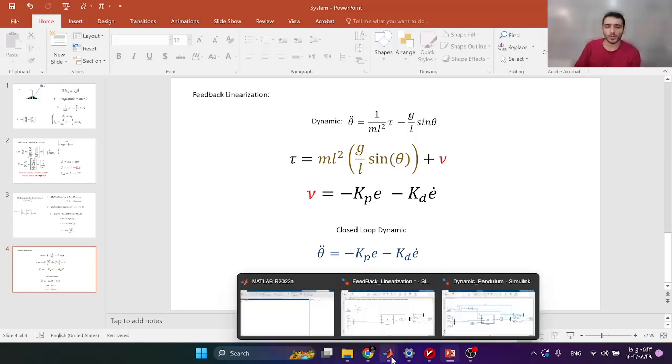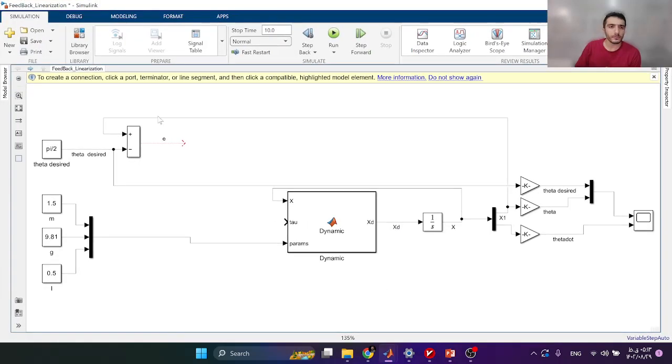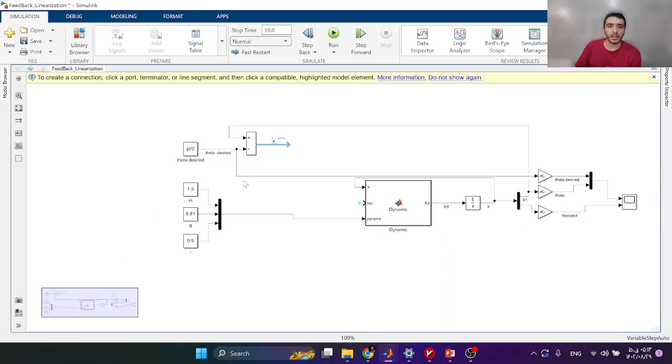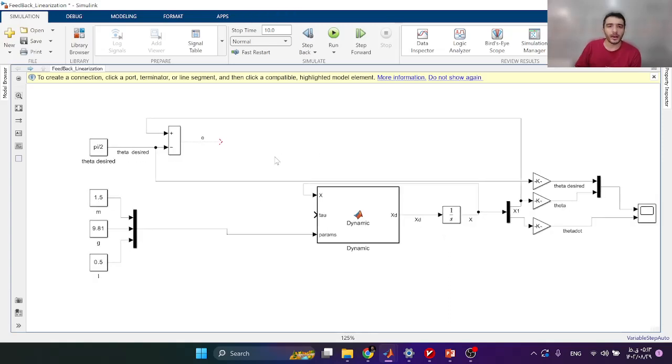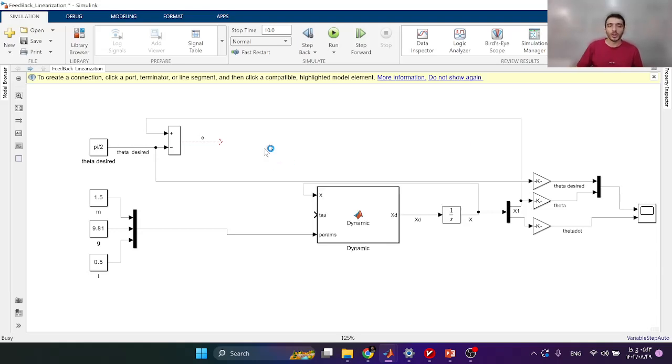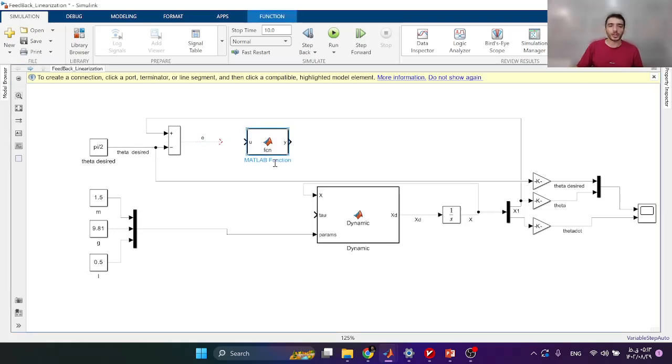Okay, let's go to the simulation. We already have the dynamics of the system here and the error. So I will implement a MATLAB function here to code our controller. I will rename it to feedback linearization.